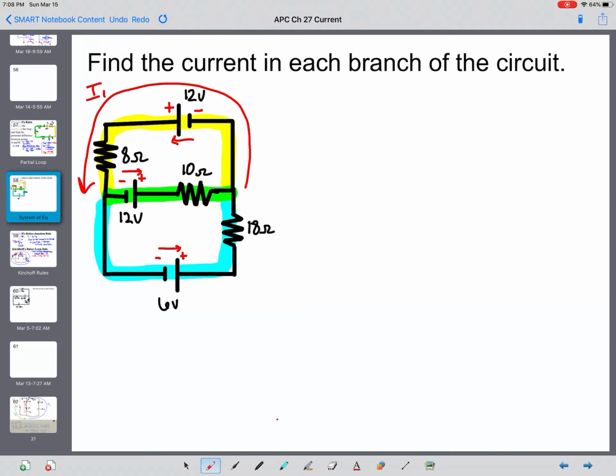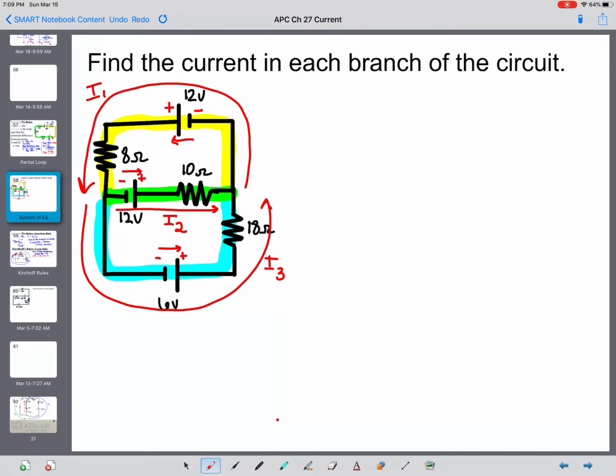I'm going to call I2 along the center branch, going horizontally to the right, and I3 on the bottom, the blue branch, going around here.